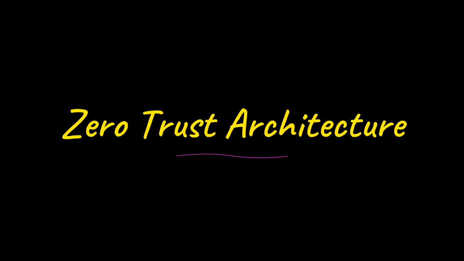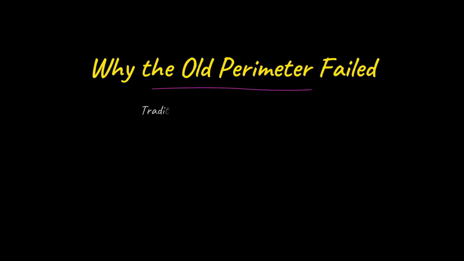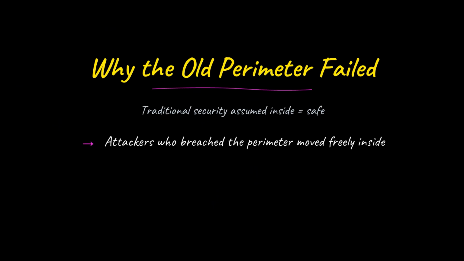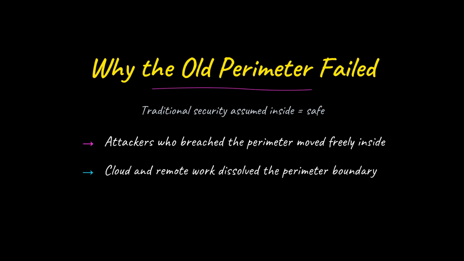Zero Trust is a security model built on a simple but radical idea. No user, device, or system should be trusted automatically based on where it sits on the network. Every access request must earn its way in. The traditional model drew a hard boundary around the corporate network and assumed anything inside was trustworthy.